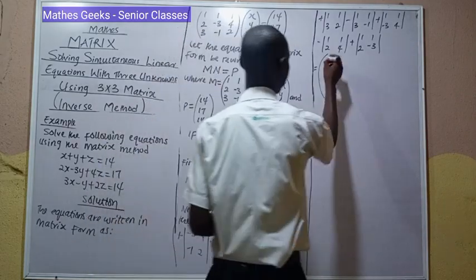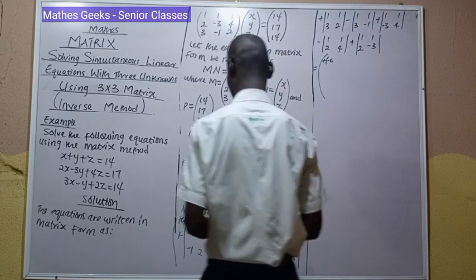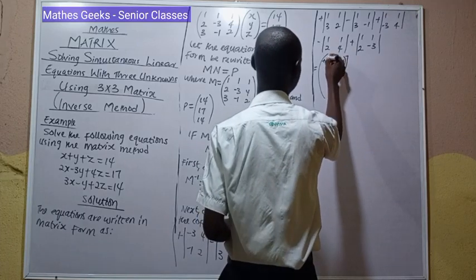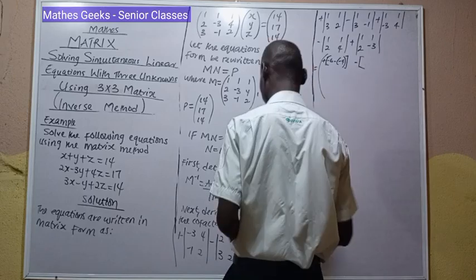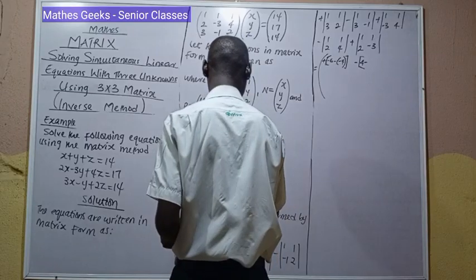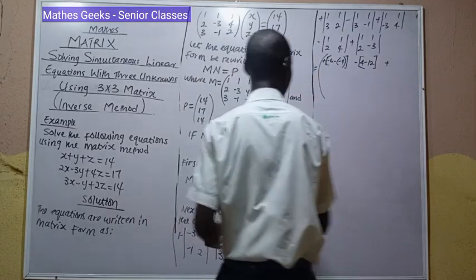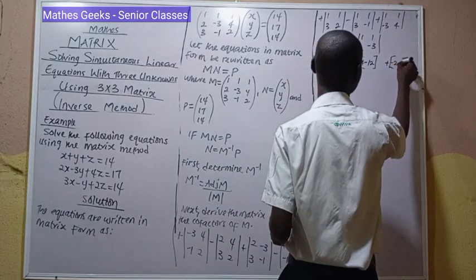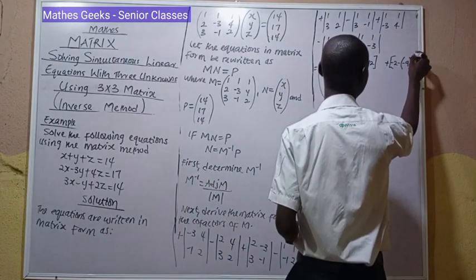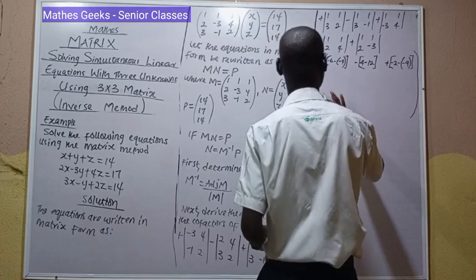So this is equal to minus 3 times 2 is minus 6, plus minus 6 is minus 6. 4 times minus 1 is minus 4. Minus 2 times 2 is 4, minus 4 times 2 is 12. Plus 2 times minus 1 is minus 2, minus 2 times 3 is minus 9. Minus 9.